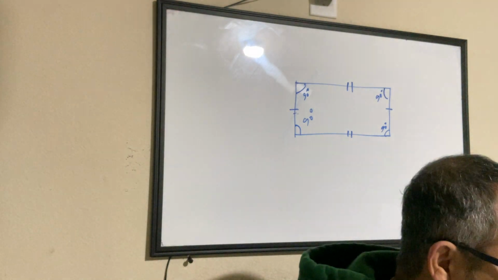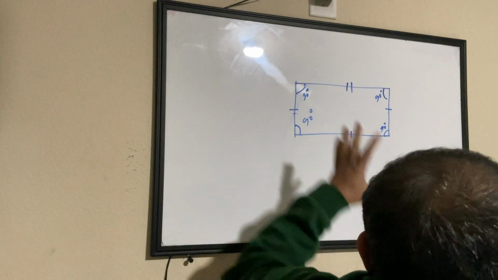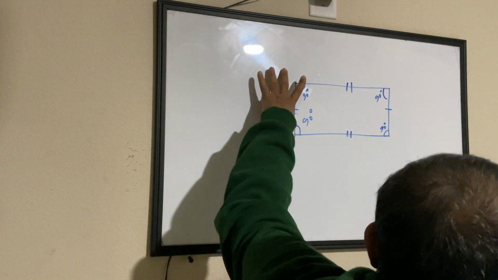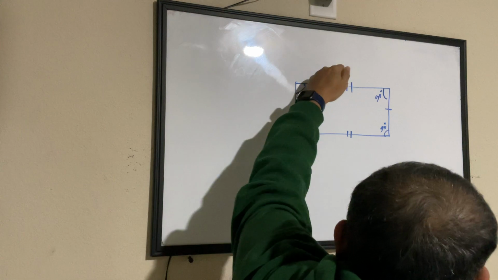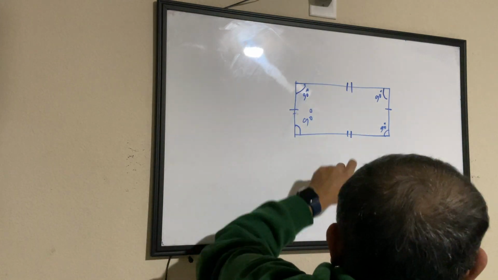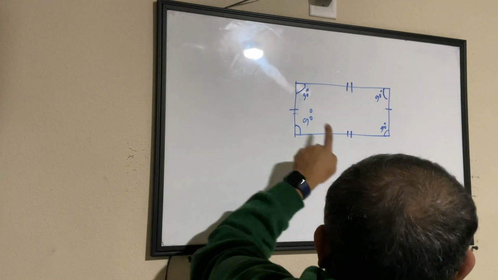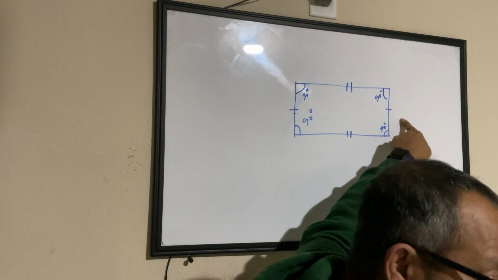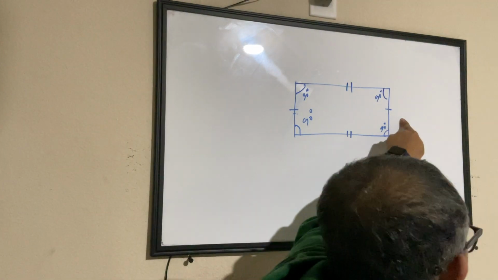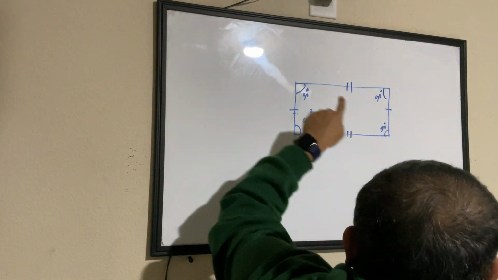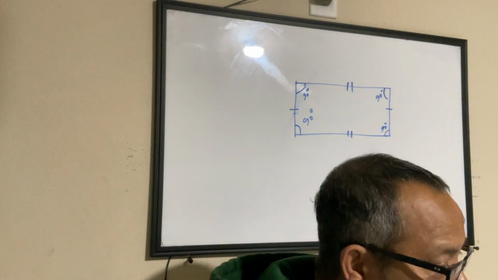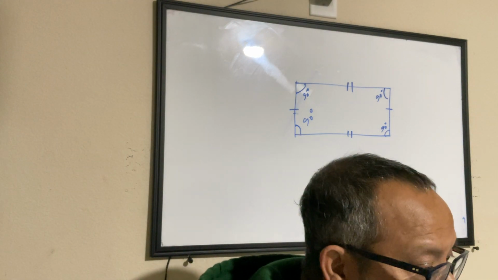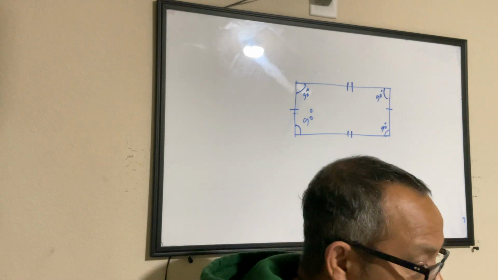So if you are talking about a rectangle, the properties are that the opposite sides are equal and parallel. So this and this are equal and parallel, this and this are equal and parallel. And what Sanvi said was all four angles are also 90 degrees.